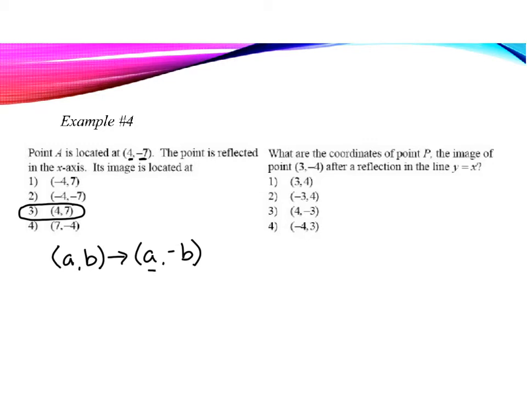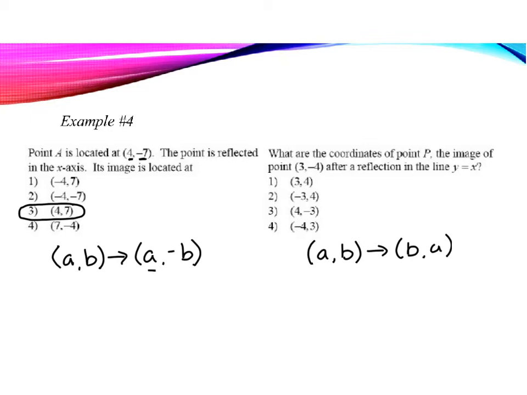Now let's look at this other one. It says, what are the coordinates of point P, the image of point (3, -4) after the reflection in the line y equals x. So if we're reflecting across the line y equals x, this is the rule for it here. We just switch a and b around.